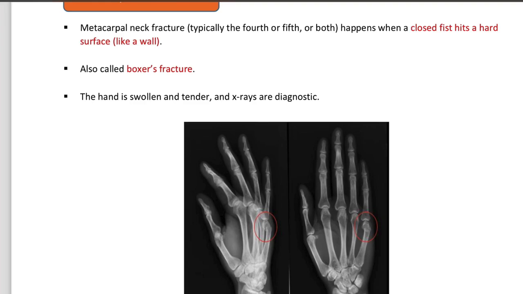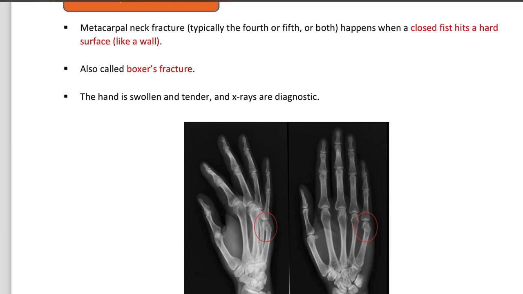In the patient we can see clinical features of swelling and tenderness over the dorsal hand. In management, angulation up to 40 degrees is acceptable for the fifth metacarpal, and we immobilize with an ulnar gutter splint, and we can do surgery if there is severe angulation or rotational deformity.